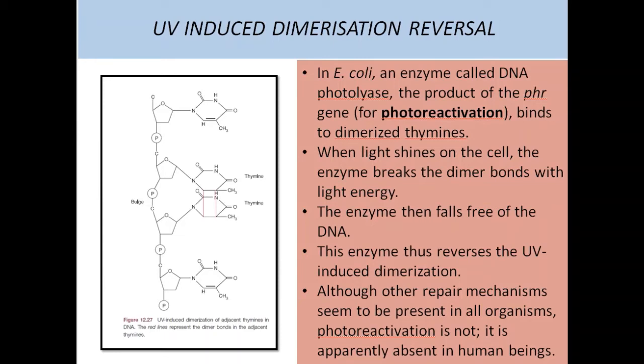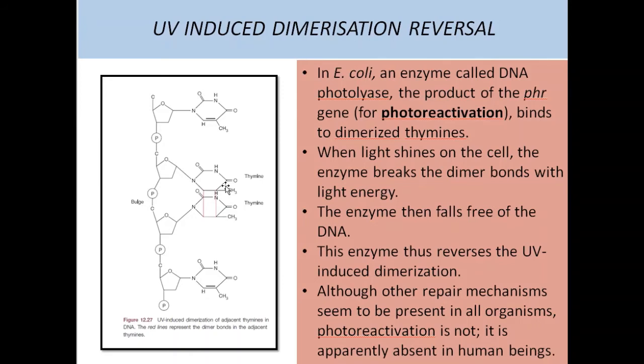So now you can have a close look at this. Sometimes if thymines are close to each other, a thymine-thymine dimer can be formed. And when a thymine-thymine dimer forms, mismatched base pairing can happen as a result, and it could result in certain mutations in the organisms.